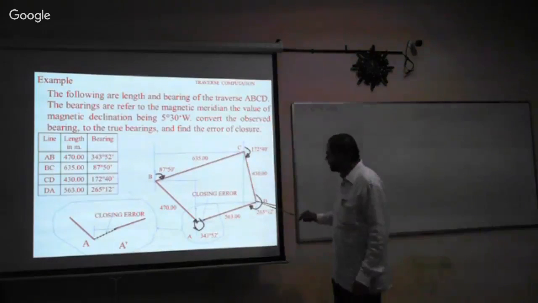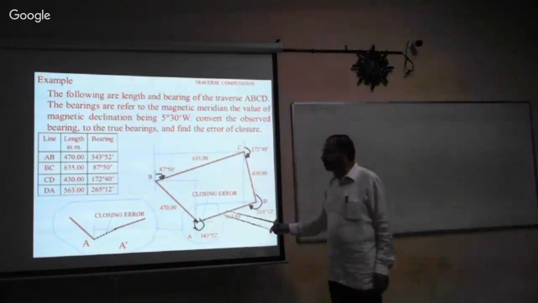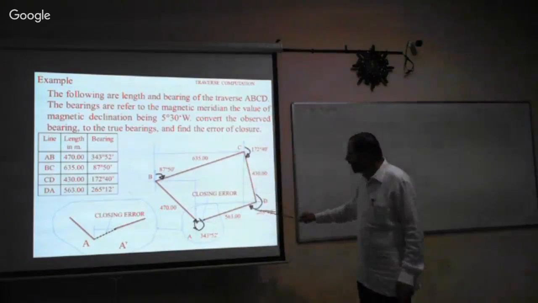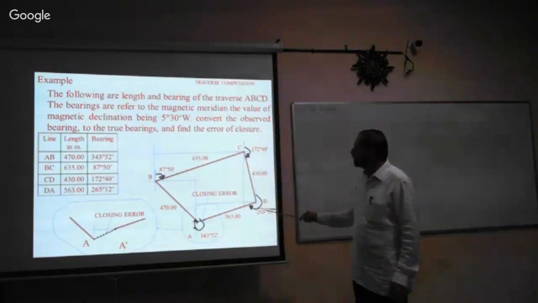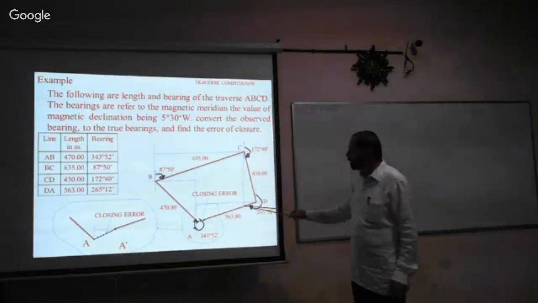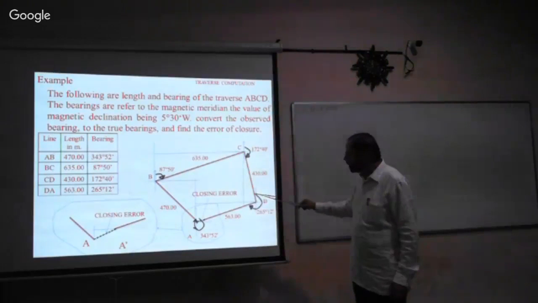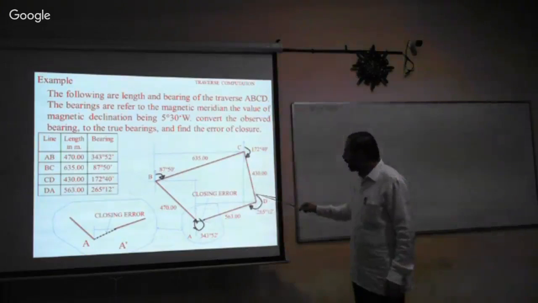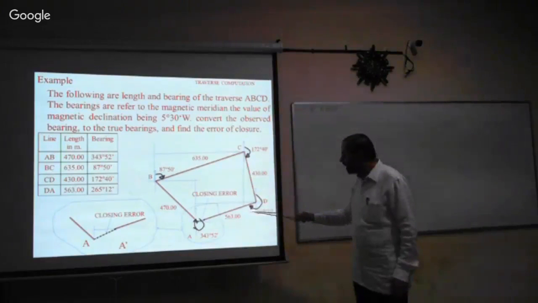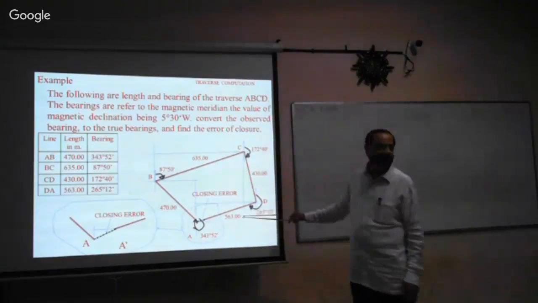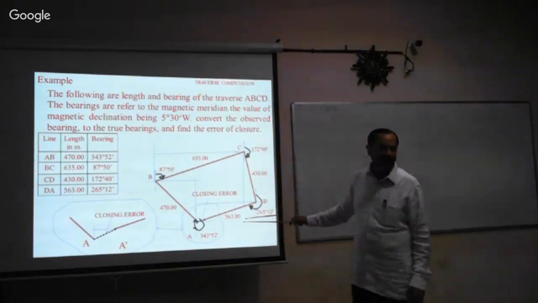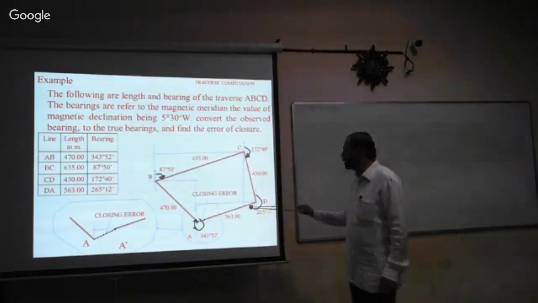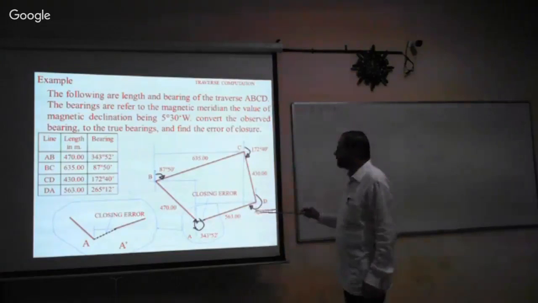This is the whole circle bearing they have given, and we can easily convert it to the quadrant system bearing. The whole circle bearing minus 180 degrees gives you the angle. Pretty simple mathematics.